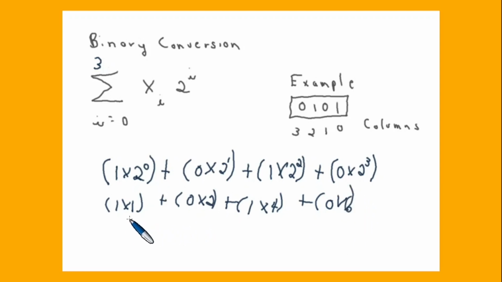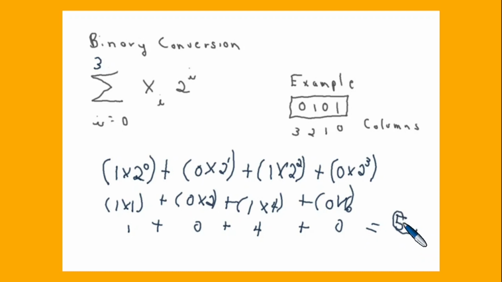So if we break that down, we have 1 plus 0 plus 4. 1 times 4 is 4, plus 0. And that gives me 5. So the decimal equivalent of 0, 1, 0, 1 is 5.